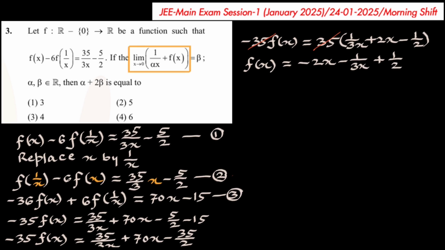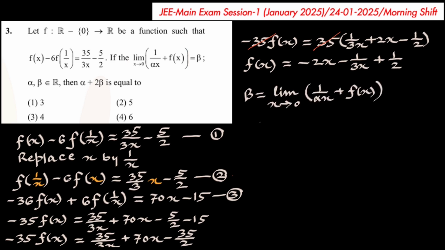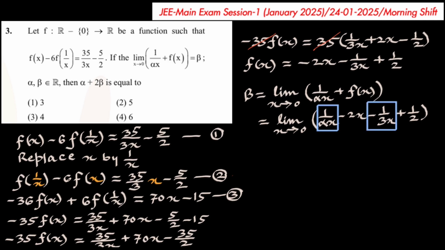This limit is given to be beta, so we write beta equals this limit, substituting f of x. In order to get a finite limit, this 1 upon alpha x and minus 1 upon 3x must vanish. That suggests alpha equals 3.